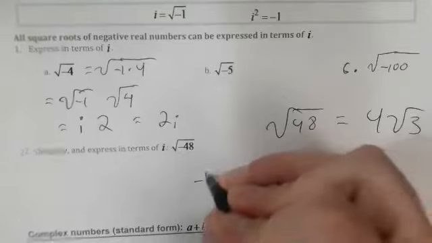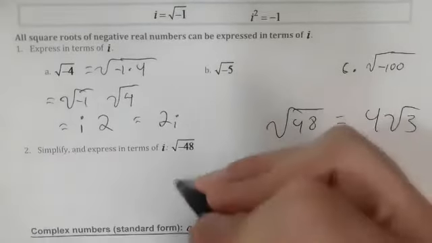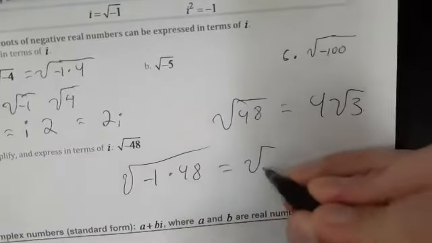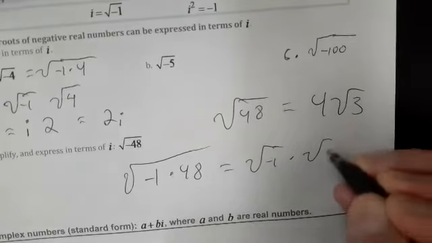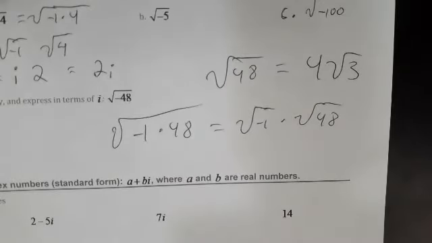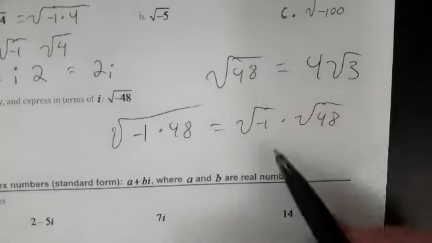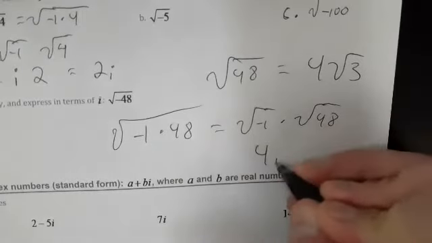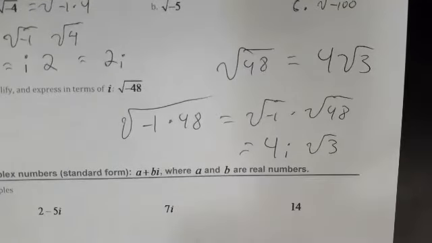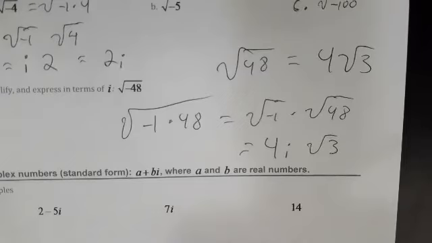But with 48, what I'm doing is I'm tacking an i onto this thing, basically. So radical minus 1 times radical of 48 is what this breaks into. And so this is an i, so I'm going to have 4i radical 3. So hopefully we can look back and save ourselves a little bit of work if we did the same work previously.